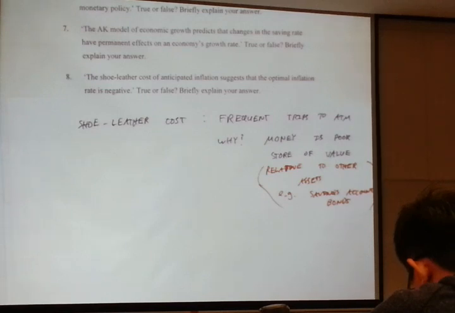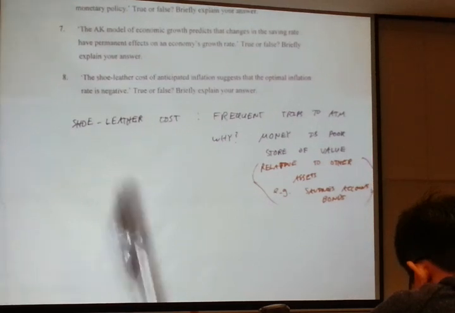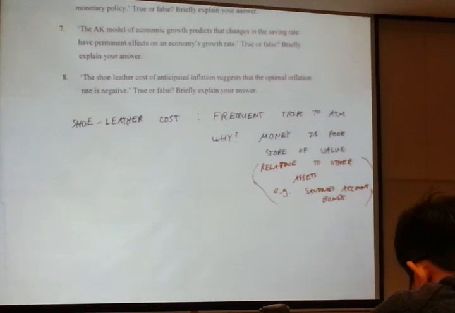But if you had higher inflation, this might be an issue. So for this question, you need to put aside your doubts. This question isn't even remotely important to an economy like Singapore. You've got to take the question as it is, and the question is asking you, if you want to avoid shoe leather costs, and you're the central bank, what inflation rate should you aim for?